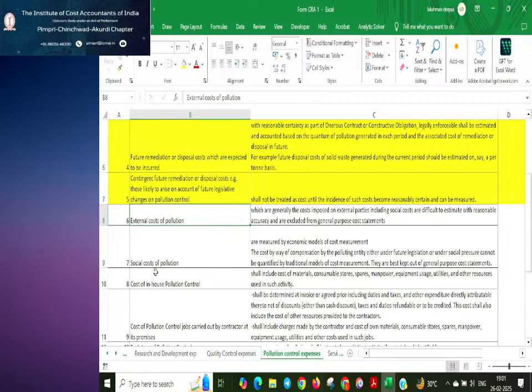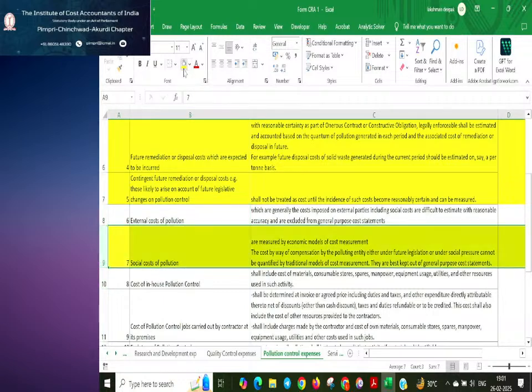So social cost of pollution, see, this is another important thing when it comes to pollution. These are measured by economic models of cost measurement. The cost by way of compensation by the polluting entity, either under future legislation or under social pressure, cannot be quantified by traditional models of cost measurement. They are best kept out of the general purpose cost statement.